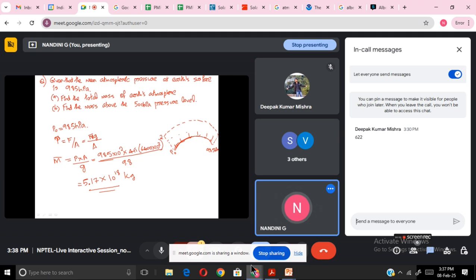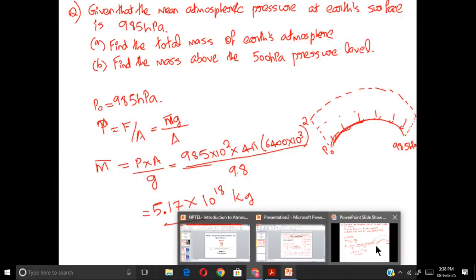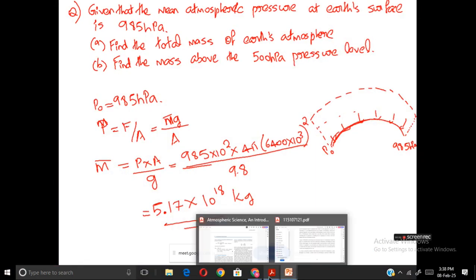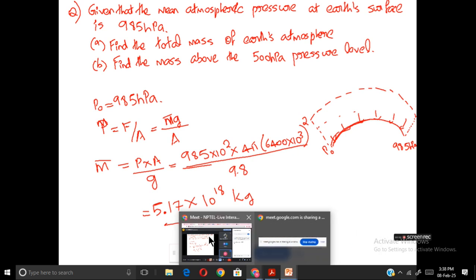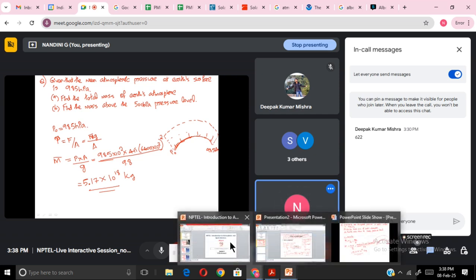How much did you get? You can just type also. I hope this value is correct, which is 5.17 into 10 raised to 18 kilogram. Just check if you are getting a different value, please let me know.